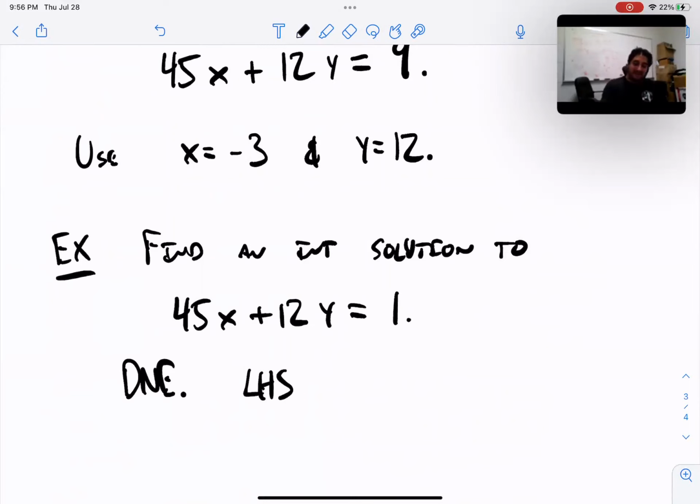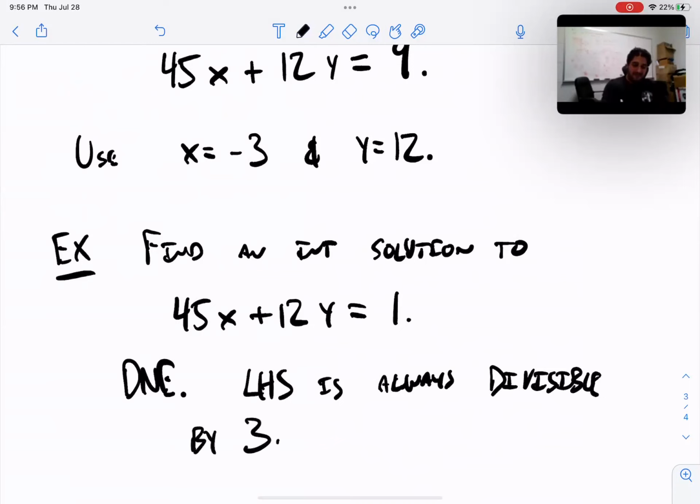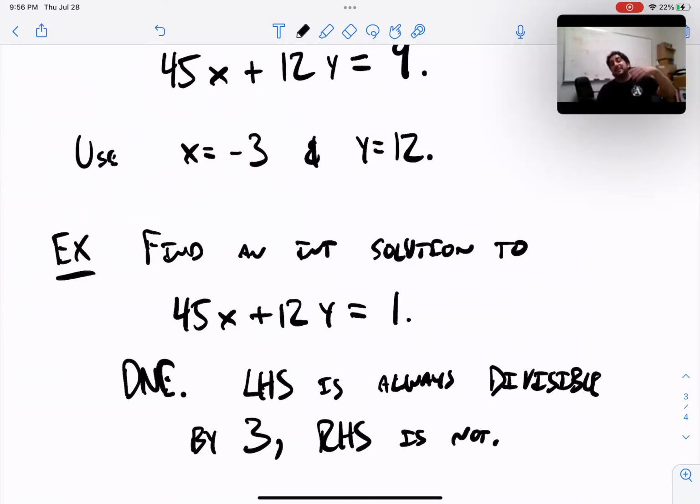It was 3. So the left-hand side is always divisible by 3. Right? But the right-hand side is not. So no matter what integers x and y you plug into that left-hand side, you're going to get a multiple of 3 because that's their greatest common divisor. On the right-hand side, it's 1. It's not a multiple of 3, right?